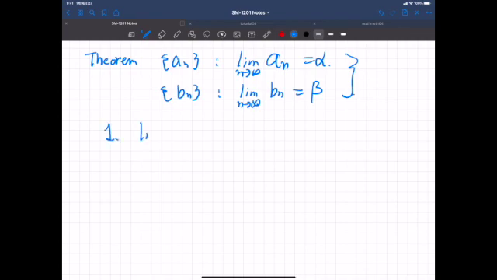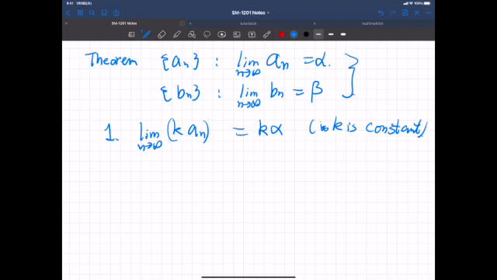First, the limit of k an is k alpha, where k is a constant. Second, the limit of a sum is the sum of limits.